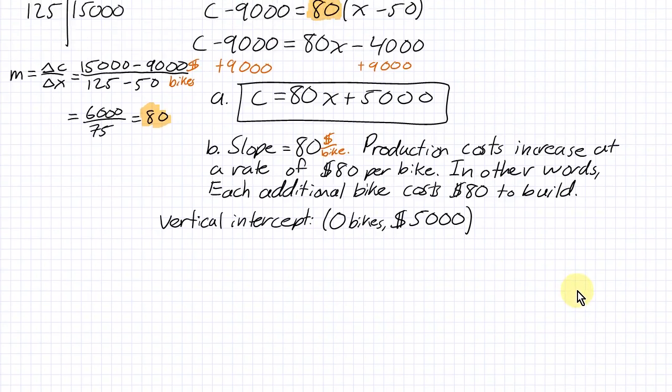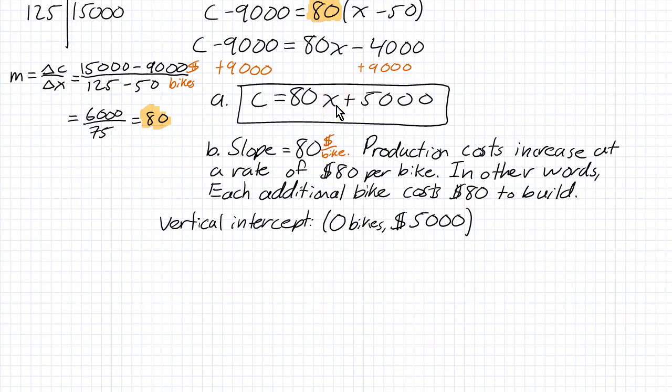Remember, the units of x are bikes, the units of c are dollars. So the c-intercept is what you get when x is 0, which means 0 bikes and $5,000. So what does that mean? That's how much the production cost is if you produce 0 bikes.